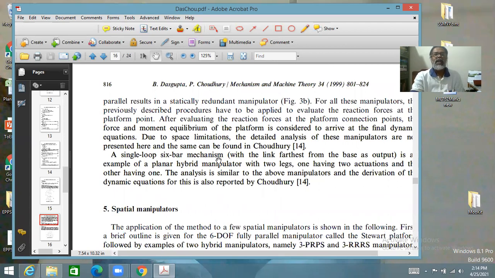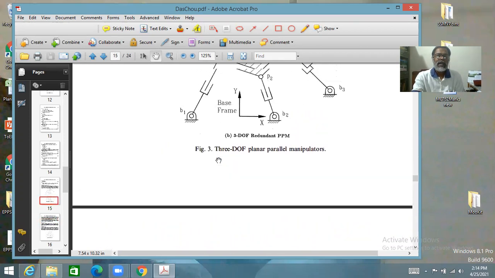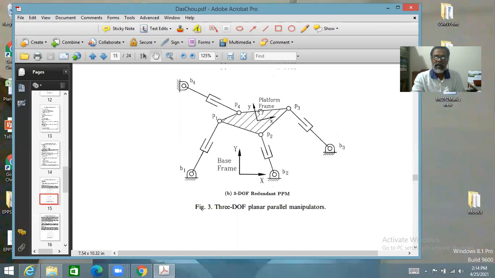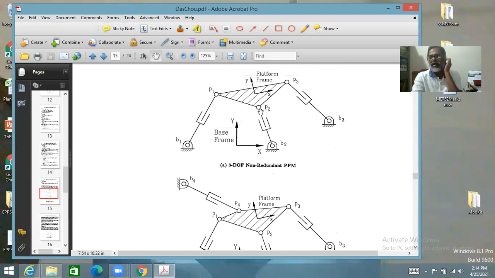Okay, so we'll not go into the details of it, except one remark: when considering the dynamics of the platform, finally, whether in this case or in this case, we will not only take the force equation of this platform, total force equal to mass into acceleration, but the moment equation also.